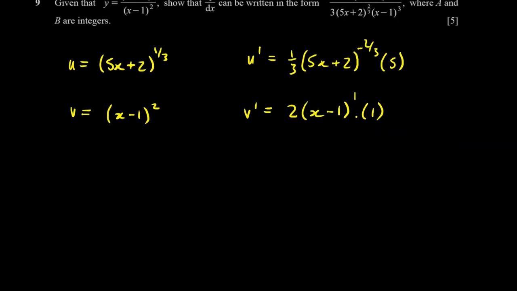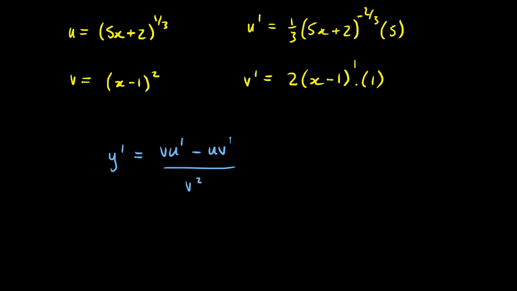Okay? All right, now then, what is the quotient rule? The quotient rule is v du minus u dv all over v squared. So now what we've got to do is we've got to substitute everything in, and hopefully it should all cancel out properly. So v is x minus 1 all squared.